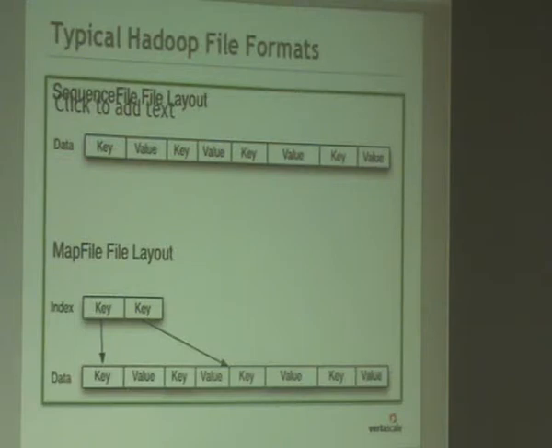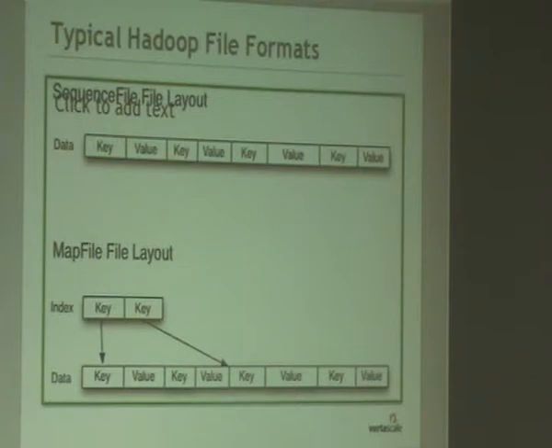I didn't write this slide, and now I'm noticing that to me, it looks like it's not represented accurately. The index file is a sequence of keys and values, and the value in the index file is going to be a long byte offset that points into the data file.